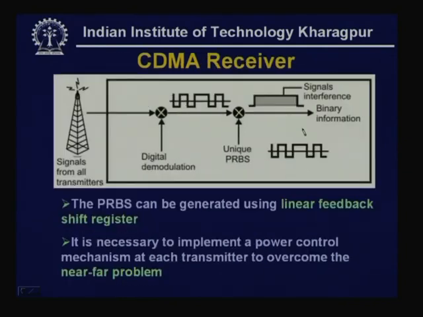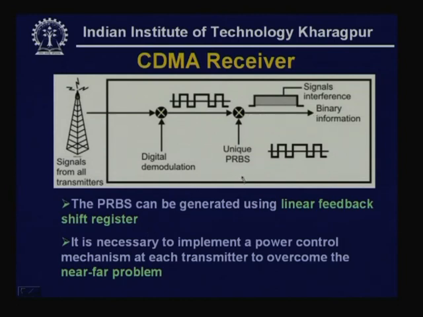So, demodulation is being performed, and after demodulation we get that composite signal, and that is multiplied with the same unique pseudo random binary sequence, and we get back the signal. Of course, it will have some noise because of interference and other problems, but you get back the binary information.